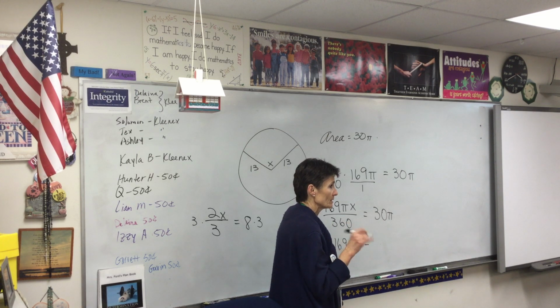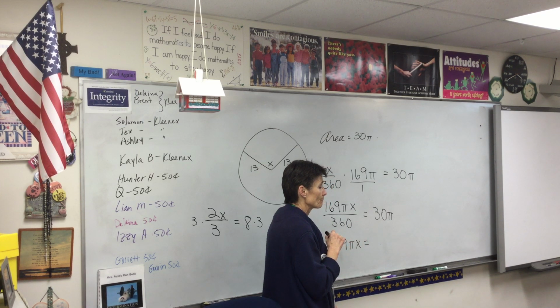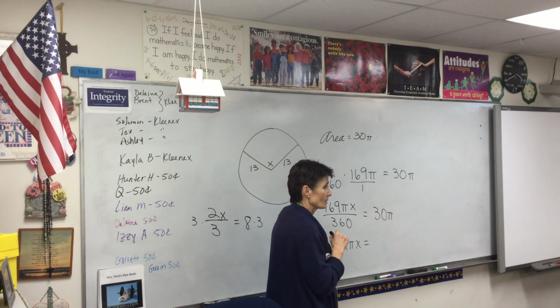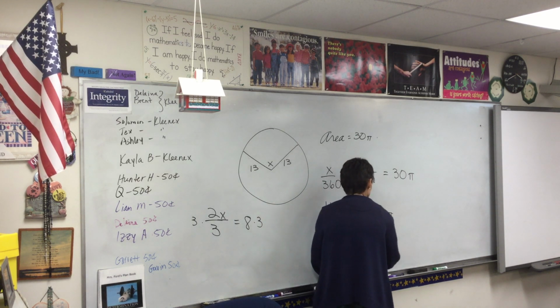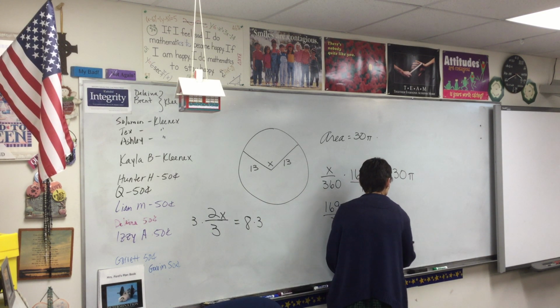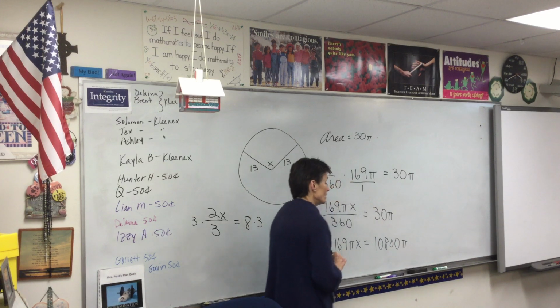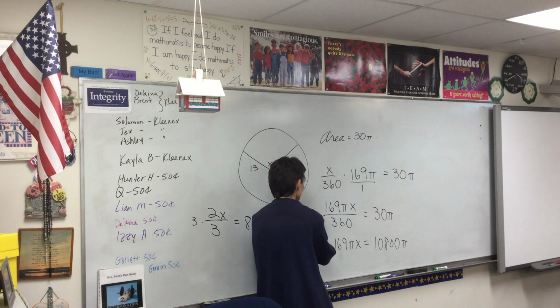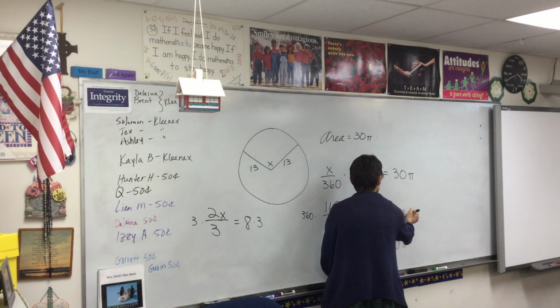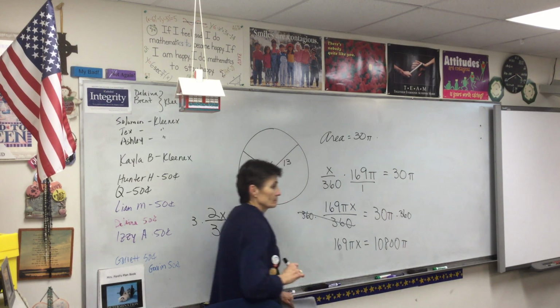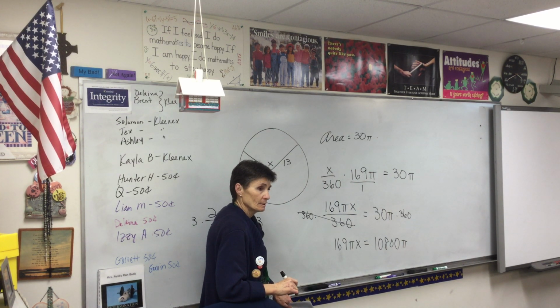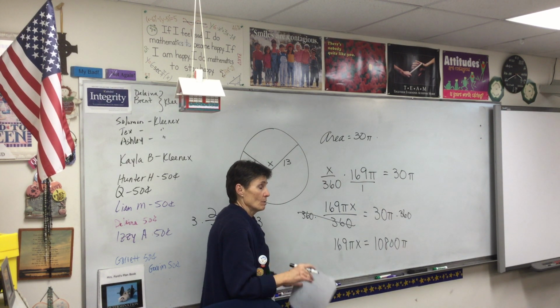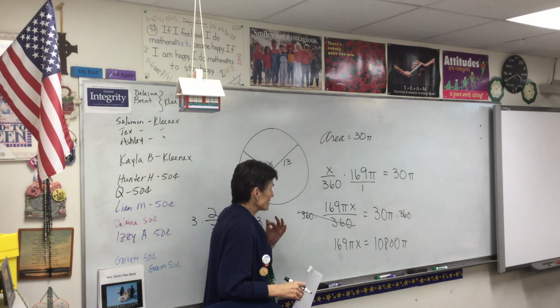I gave away my calculators. 10,800. And that would still be pi. So I simply multiplied both sides by 360. Now, what are we trying to solve for?